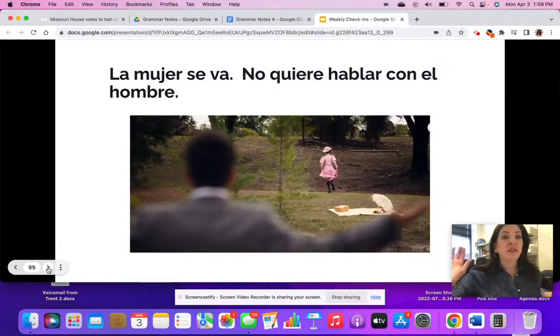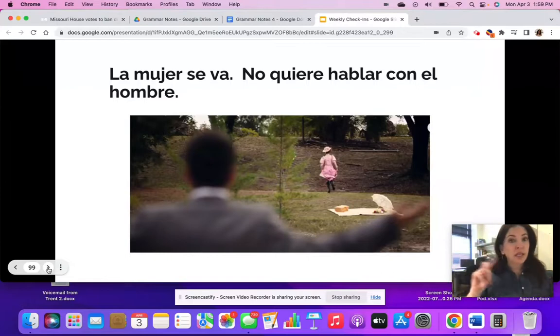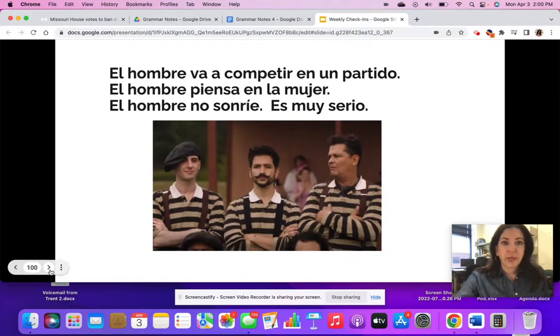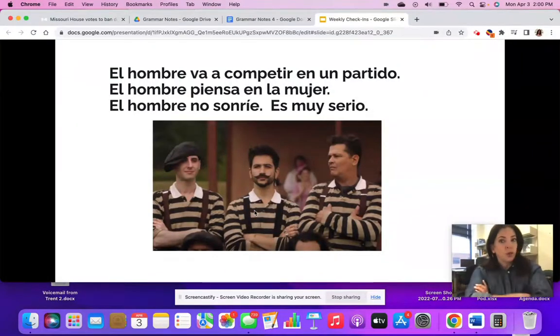Ella dice adiós. La mujer no quiere hablar con el hombre, pero el hombre quiere a la mujer. El hombre va a competir en un partido. Va a competir. He's going to compete en el futuro. El hombre piensa en la mujer, pero el hombre no sonríe. Es muy serio.